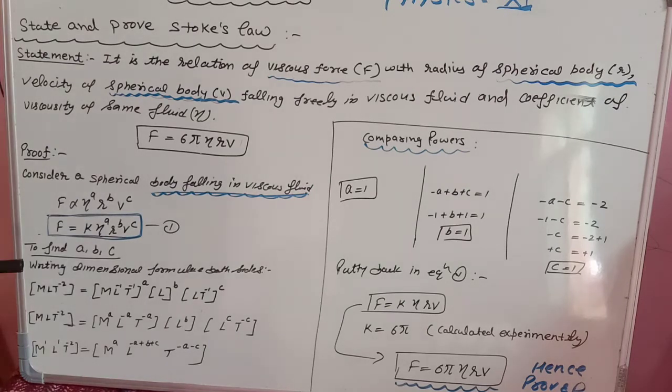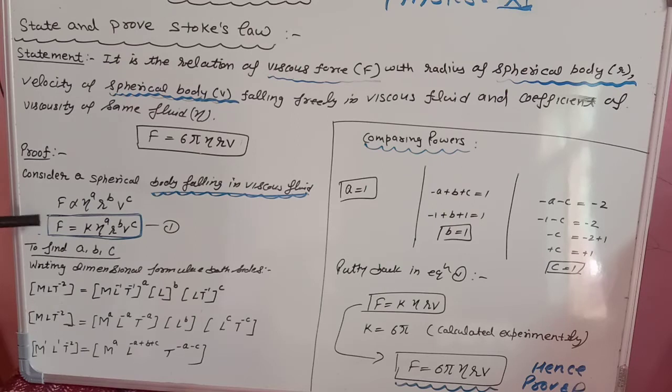So let us proceed to find the values of a, b, and c by writing dimensional formulas on both sides. You have to write the dimensional formula of F, of eta, of R meaning radius, and of V meaning velocity.